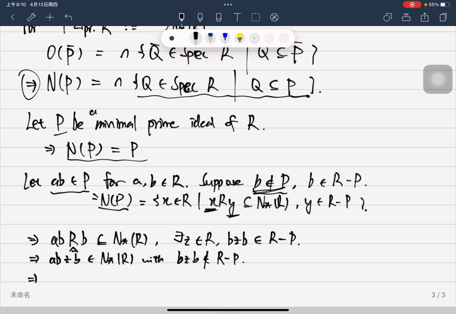What do we get? A product of an element is in MP, which means A is in OP, and OP is contained in this. Actually this is equal.